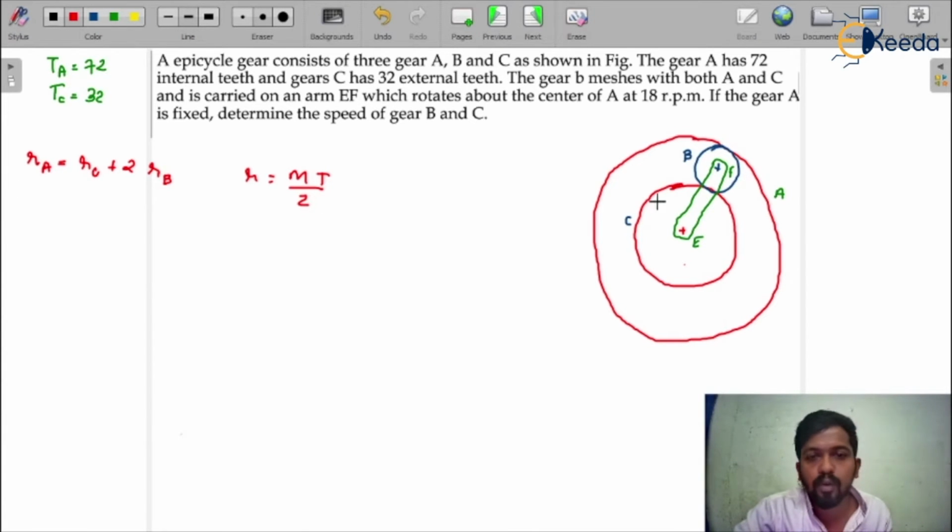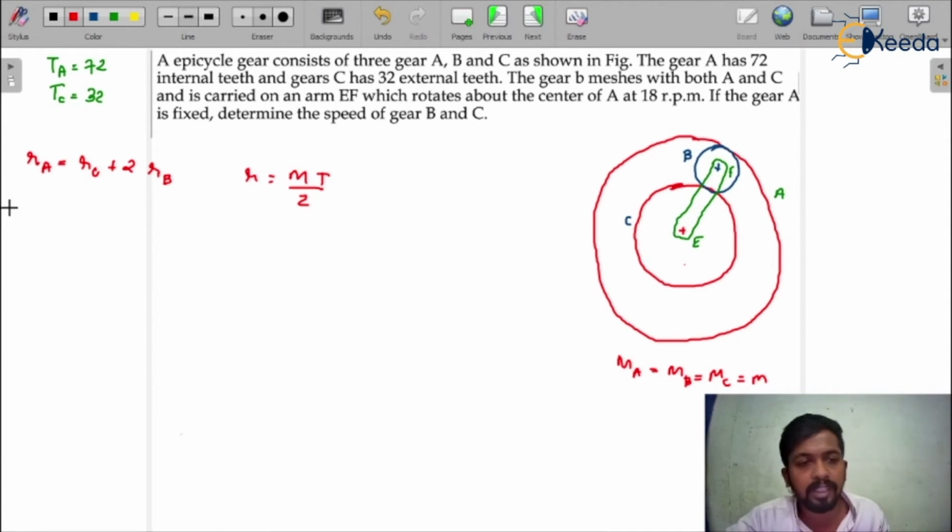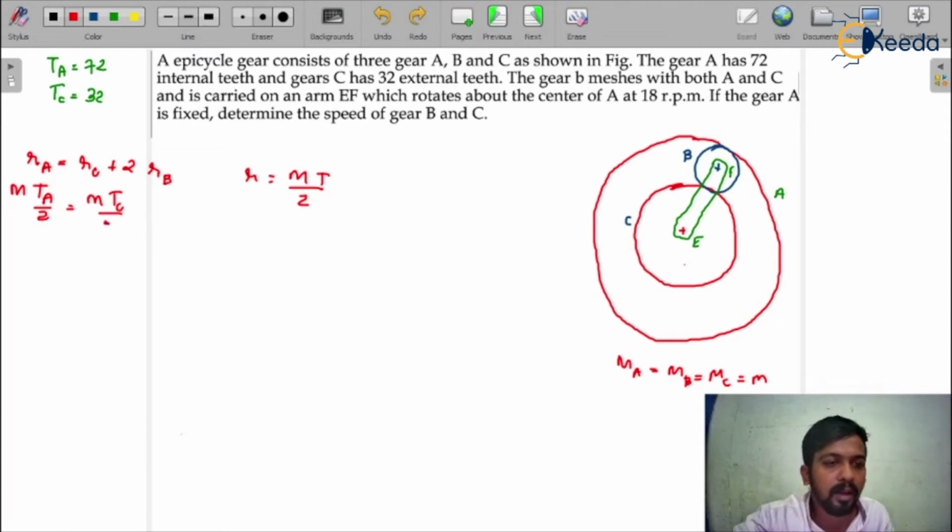All the gears are mating gears, in mesh with each other, so all have the same module: MA is equal to MB is equal to MC is equal to M. So I can write M TA by 2 is equal to M TC by 2 plus twice M TB by 2.